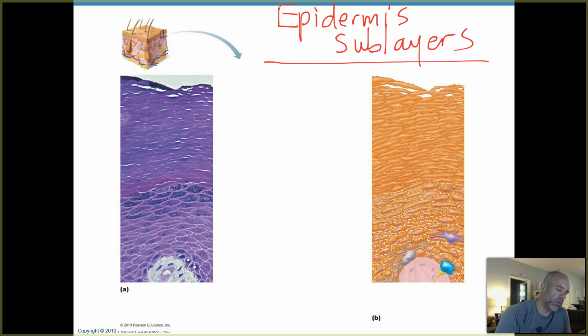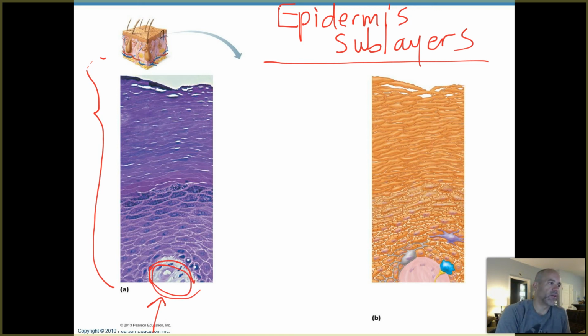What we're seeing over here is what the epidermis of the skin looks like if you sliced it like this, going from the superficial surface of the body down deeper, and then took that two-dimensional section through the epidermis, put it on a slide and looked at it under the microscope. This is what you would see. So all of this is epidermis. Now down in here you're getting into the dermis, just a little bit of the dermis in that location.